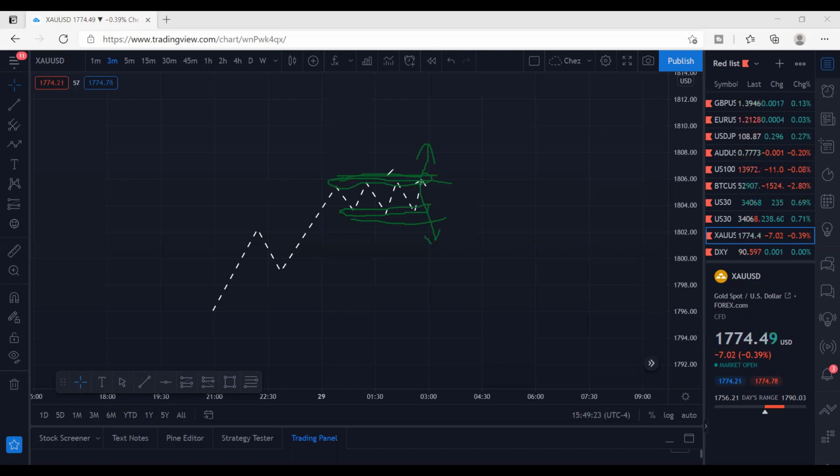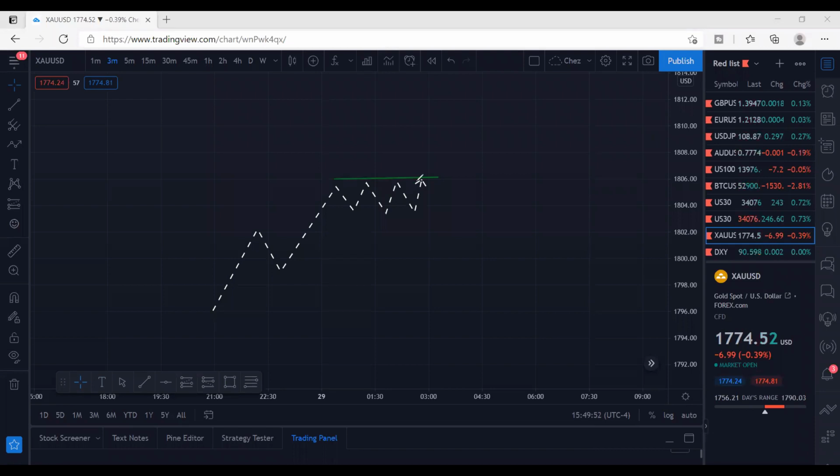You have buy stops, you have stop losses, maybe you even have at the top of the zone sell limits, like people are looking to get into the action right here and sell.